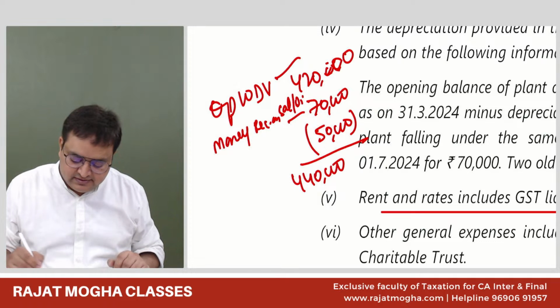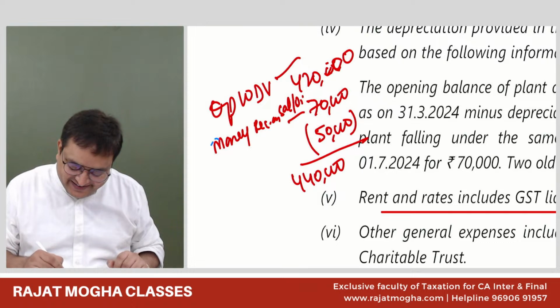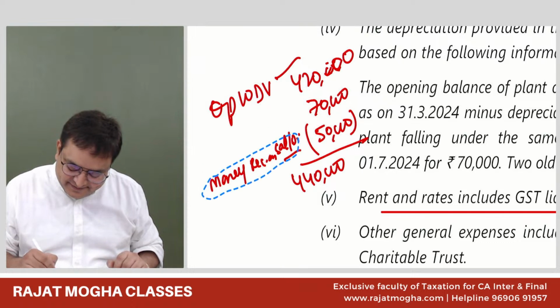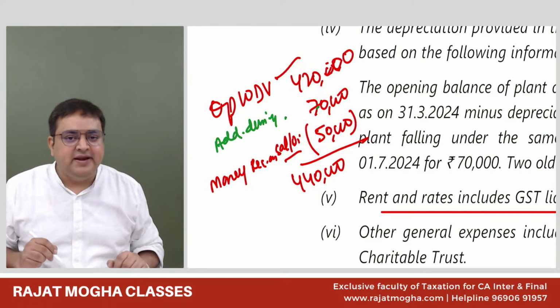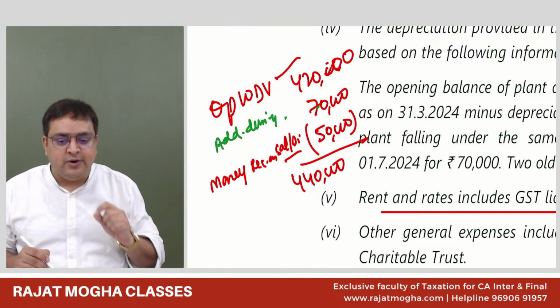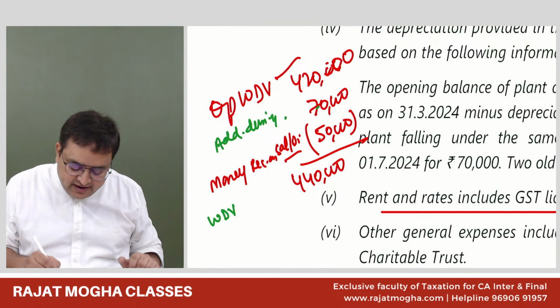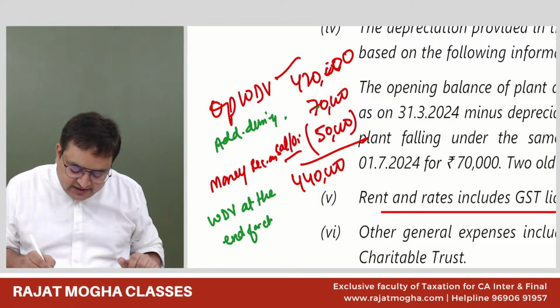Sorry, this is addition during the year. This was additions during the year. 70 minus money received on sale or disposal 50, 420. What is this? This is WDV at the end for charging depreciation.